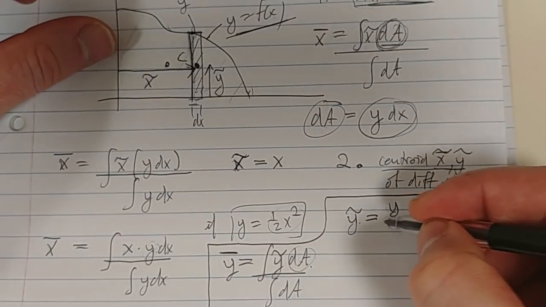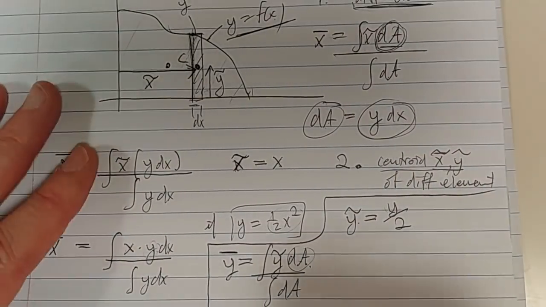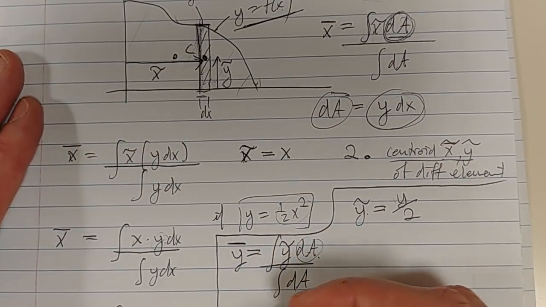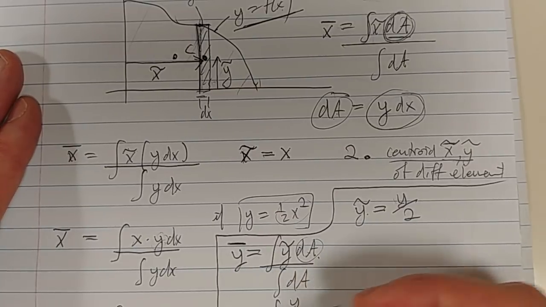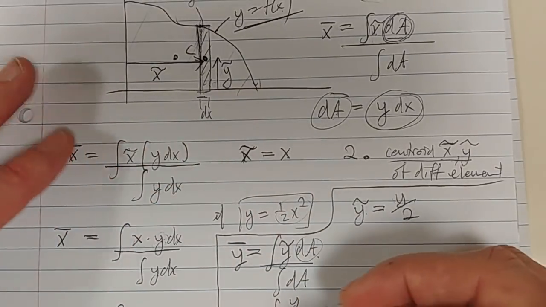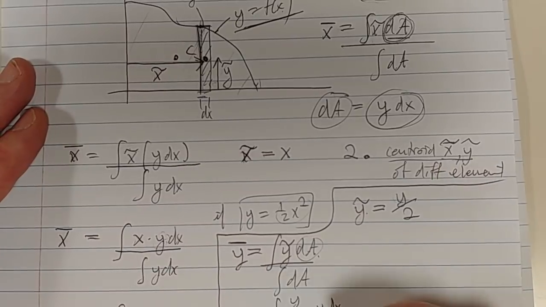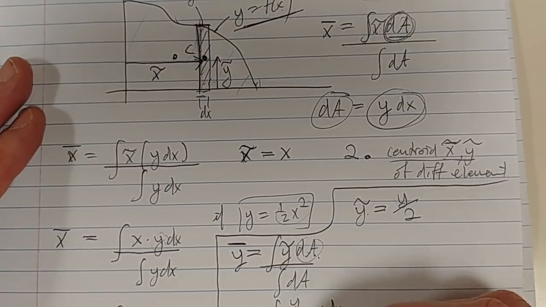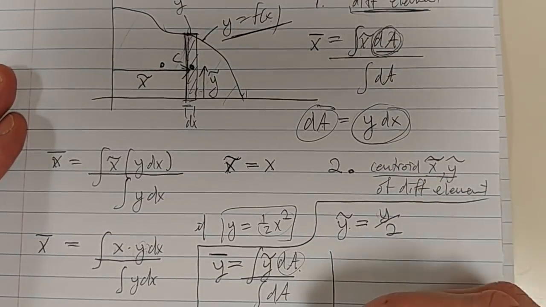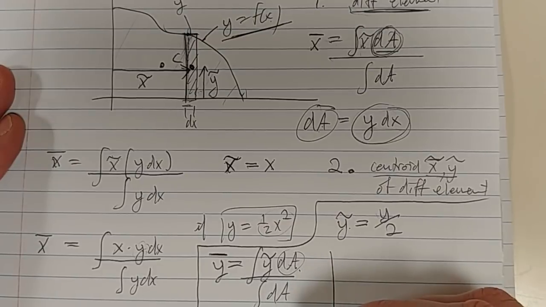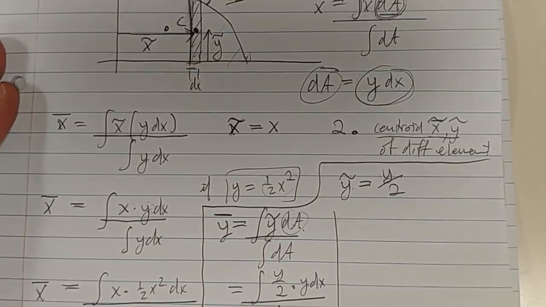So I have y over 2 times y dx over y dx. Then I need to convert these into x.